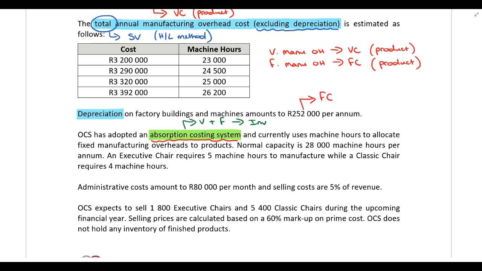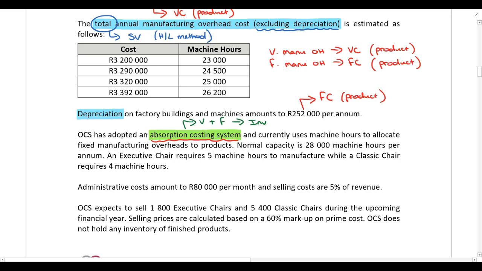If we are talking about depreciation on computers, office equipment, office furniture, etc., that has got nothing to do with manufacturing. So that is a period cost that will be expensed in the period incurred. However, this is depreciation on factory buildings and machines. So this is manufacturing related.